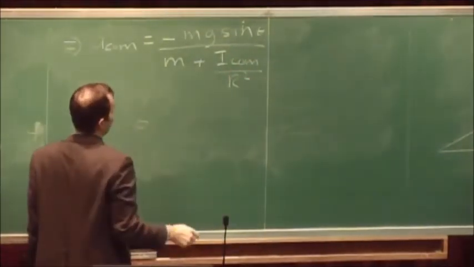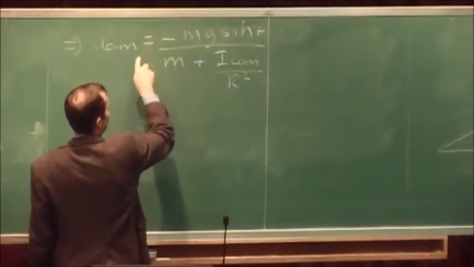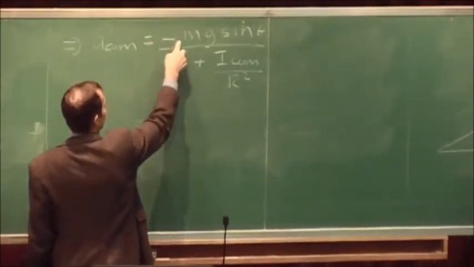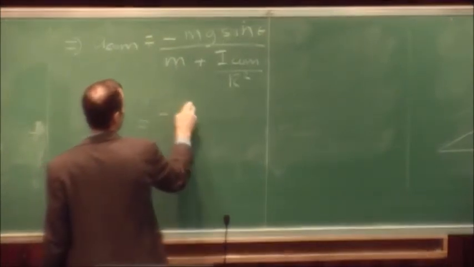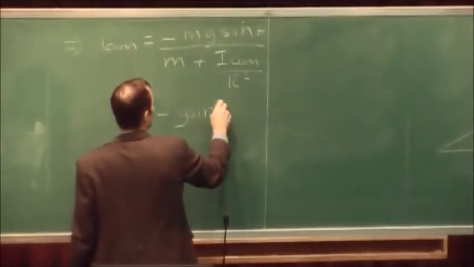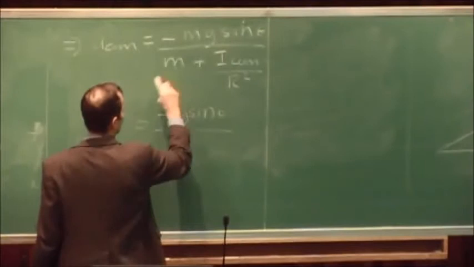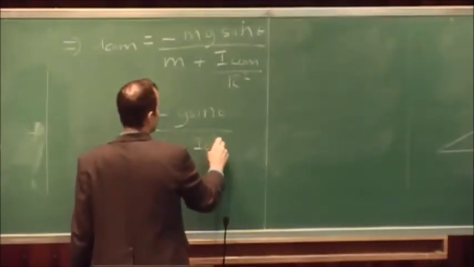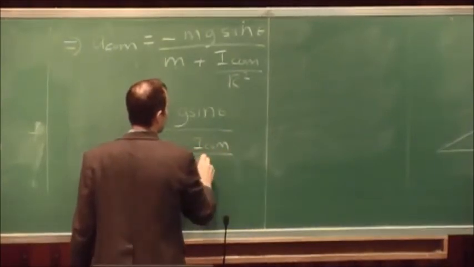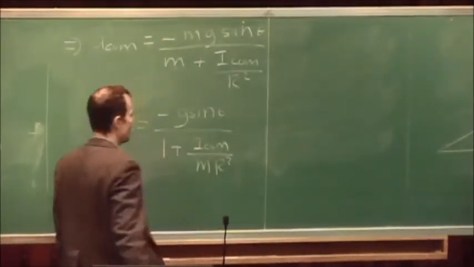Now, just to reconcile these things, if I pull an M out of the numerator and the denominator, then I get minus g sine theta all over 1 plus I center of mass all over M R squared.